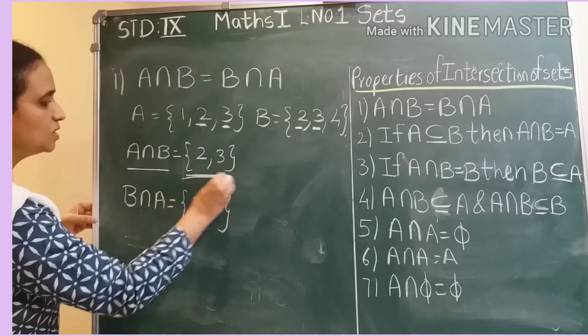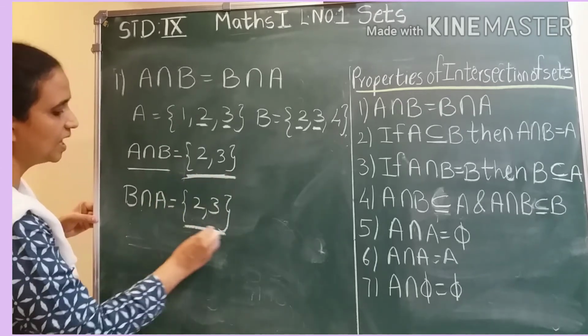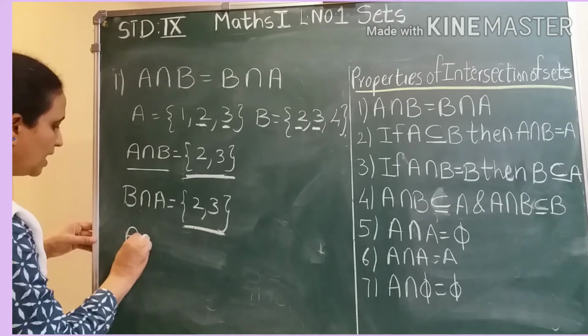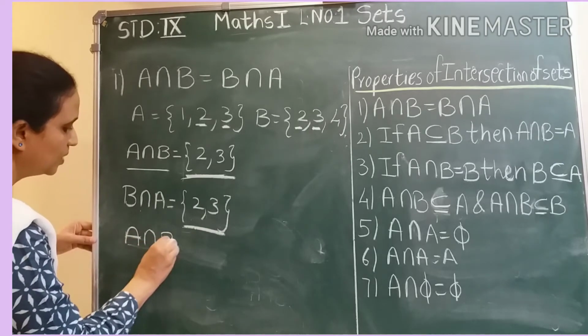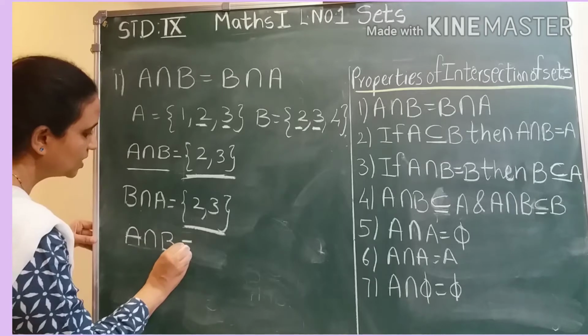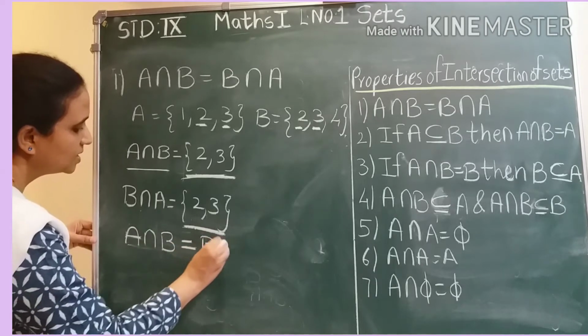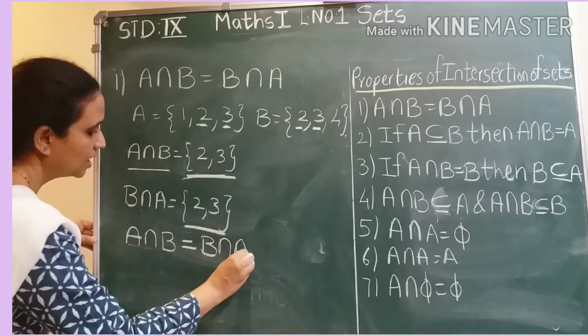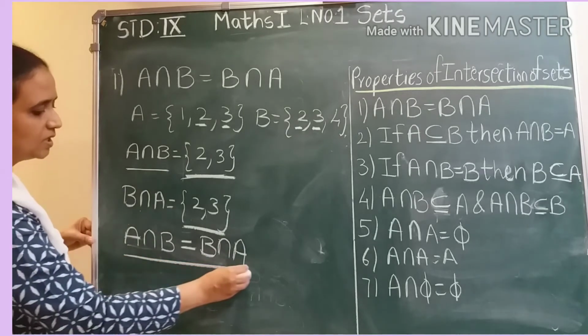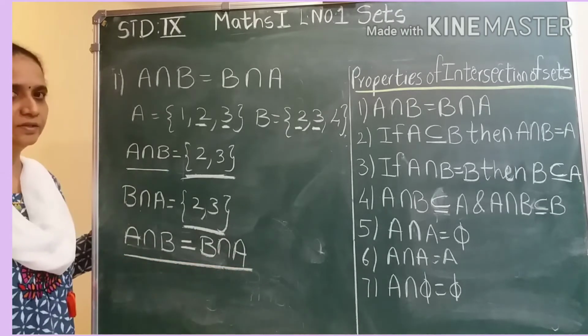Therefore, these two sets you will see they are equal. Therefore, A intersection B is equal to B intersection A. This is the first property that we have verified.